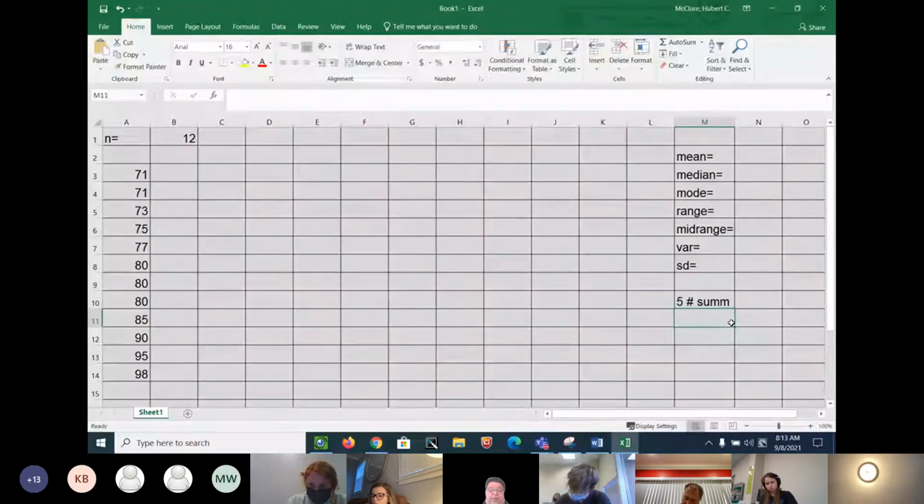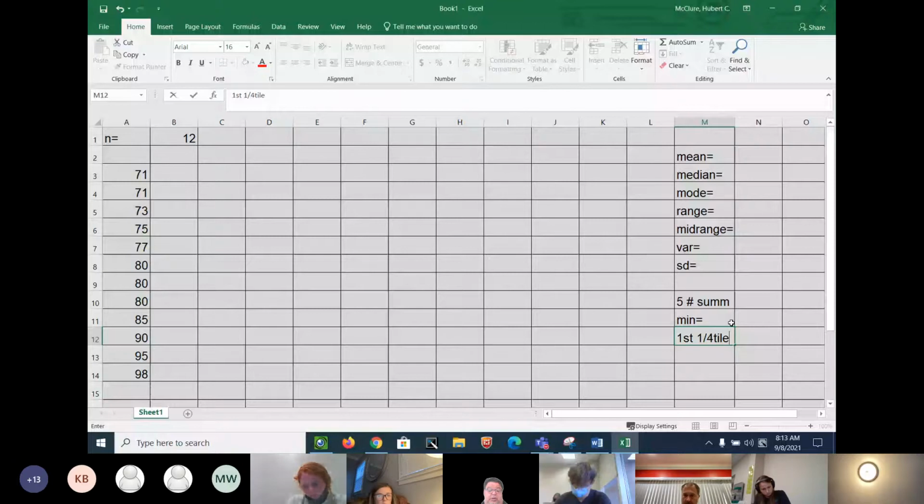That consists of the mean, first quartile, second quartile, third quartile, and the max.